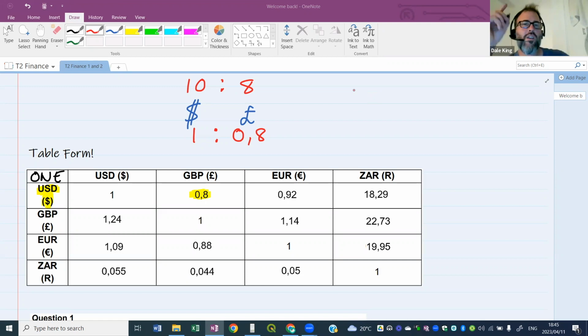For a British person to get $10 US, if it was the same strength, then that person would need to have 10 British pounds to buy 10 US dollars. Okay, if the currencies were the same, it would be 10 is to 10. But in this ratio here, the British person doesn't even need to get 10. They only need to collect 8 and they'll get 10 US dollars.